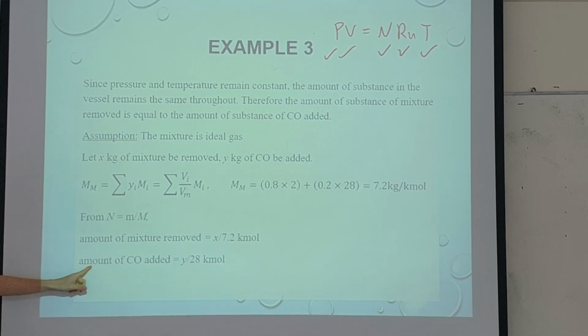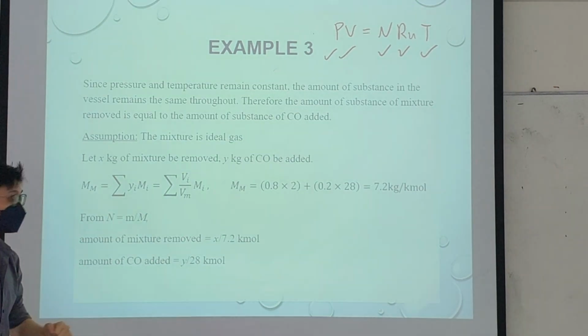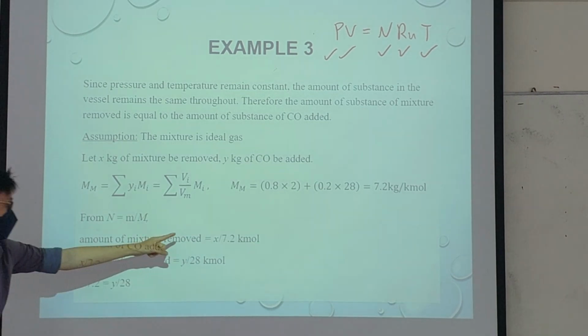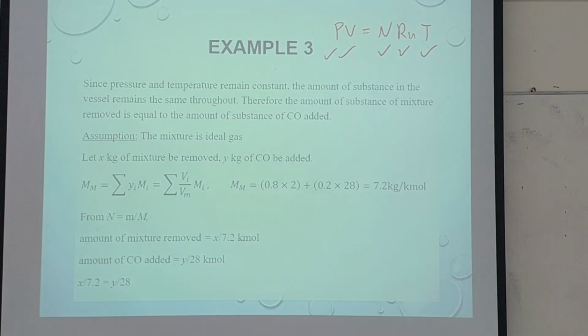And the amount of CO that we add is Y over 28, same thing. Which means that they are equal to each other. So this is our first equation. Anyway, this is considered complicated. Do you understand so far, up to this point?